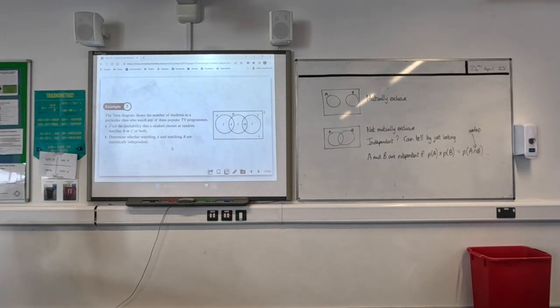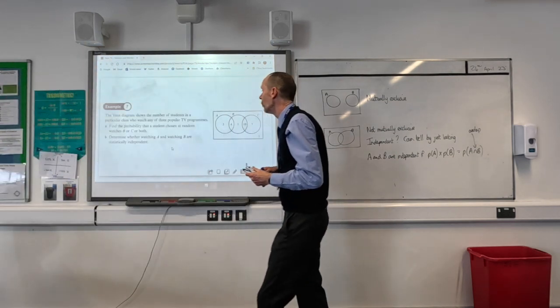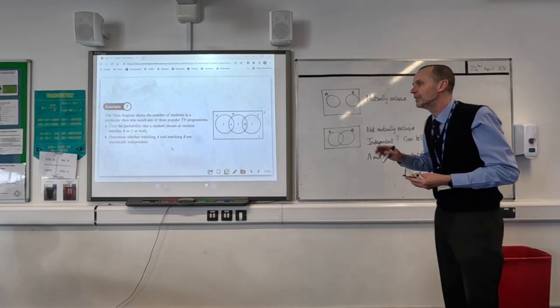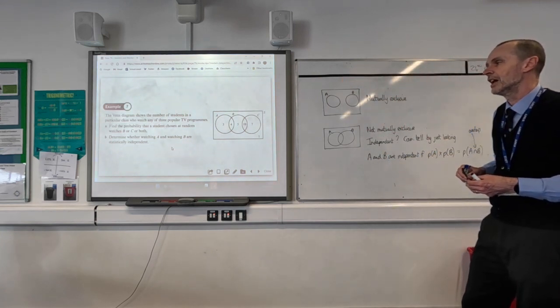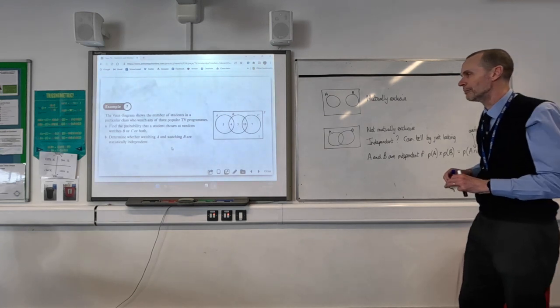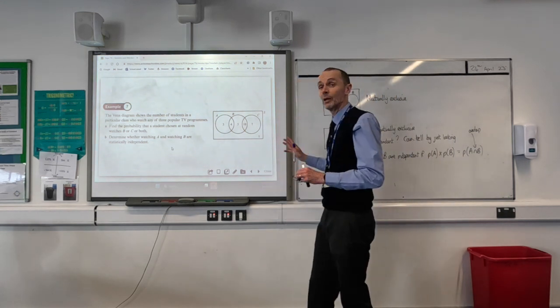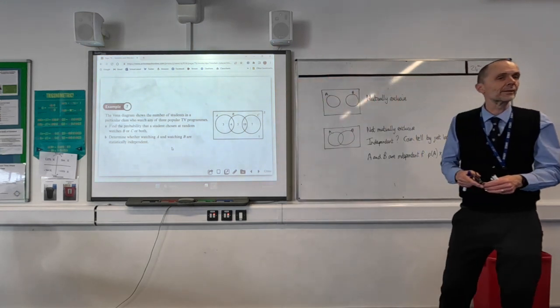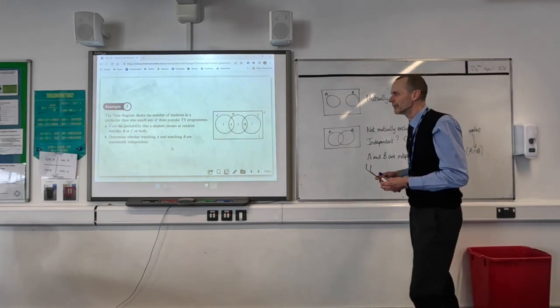We're not given probabilities here, we are instead given the number of students who fall into one of three categories. They like programme A, programme B, and programme C on the telly. A and C are mutually exclusive. Maybe they're on at the same time on different channels. Well, of course, that doesn't really apply these days, but anyway, there we go.